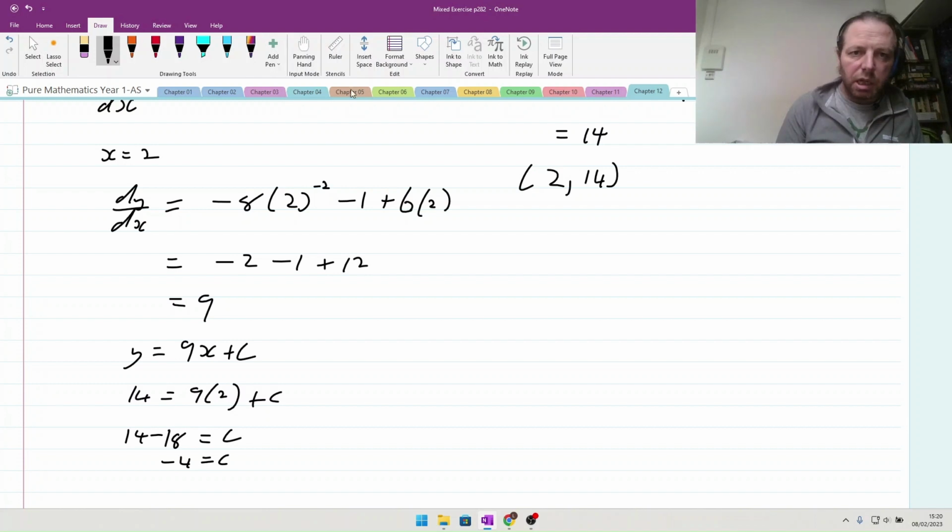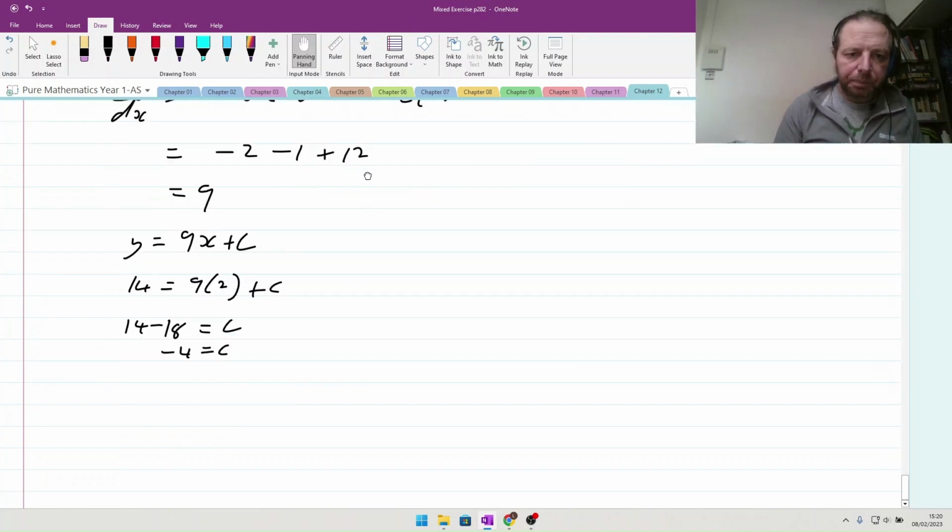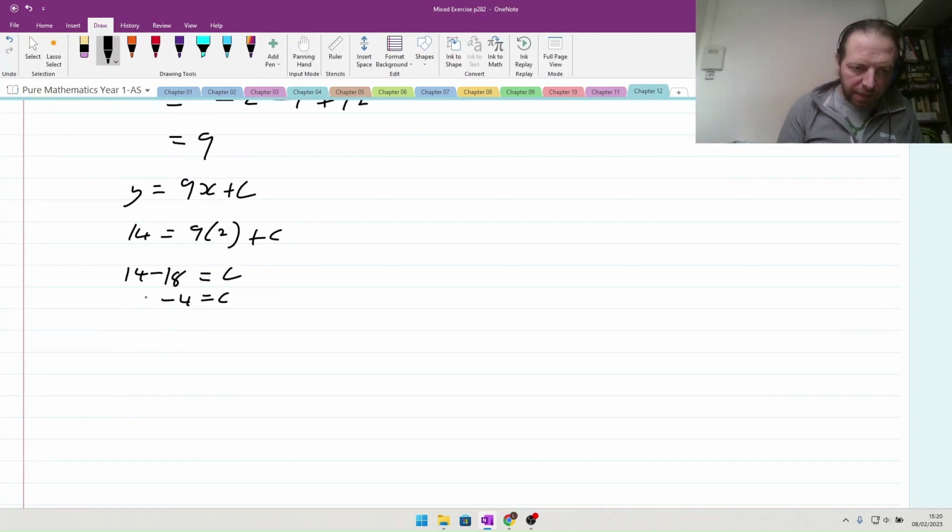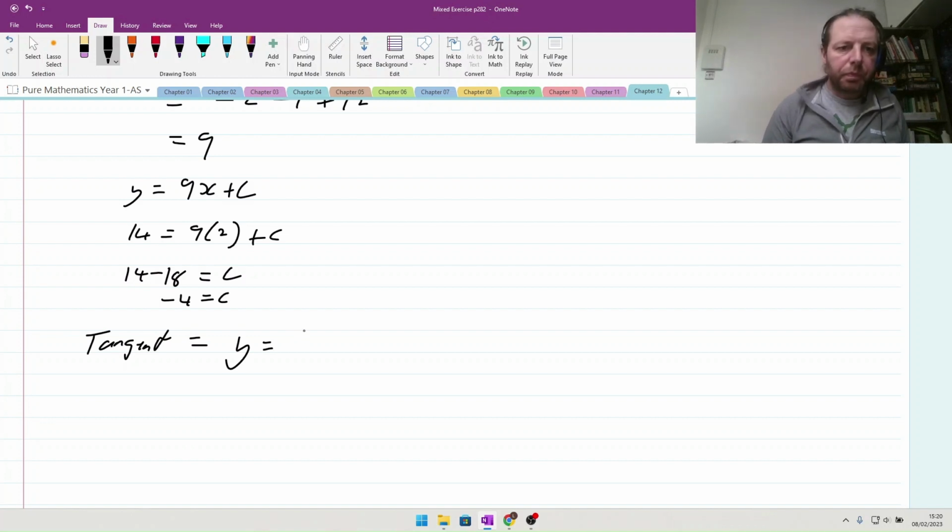So the equation of the tangent is y equals 9x minus 4.